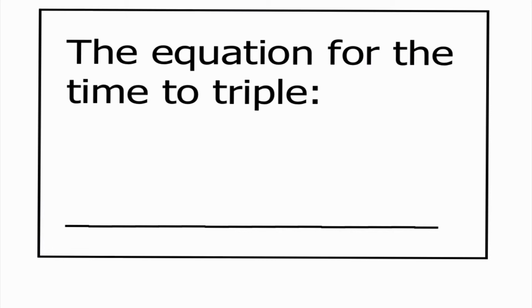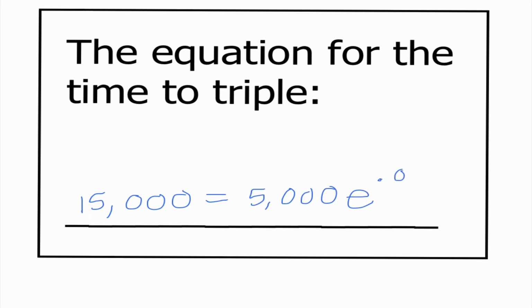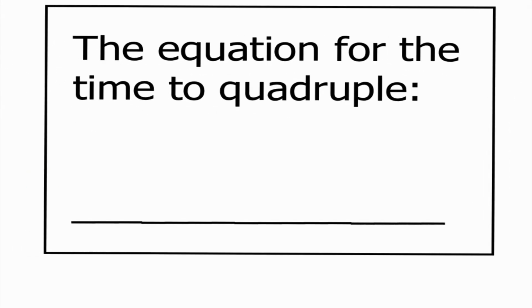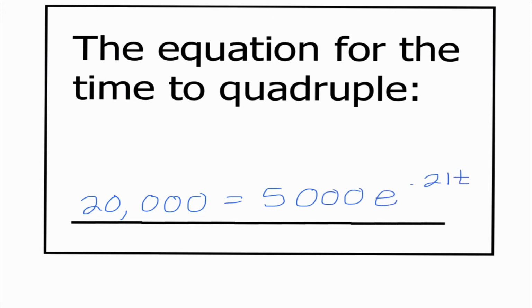For it to triple, it would be $15,000 equals $5,000 e to the 0.021 t. And $15,000 would be if it tripled the 5,000. For quadrupling, it would be 20,000 equals 5,000 times e to the 0.021 t.